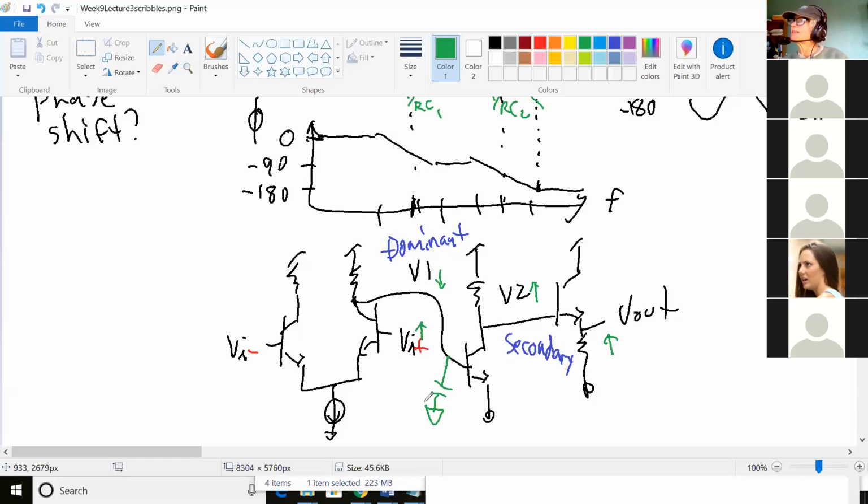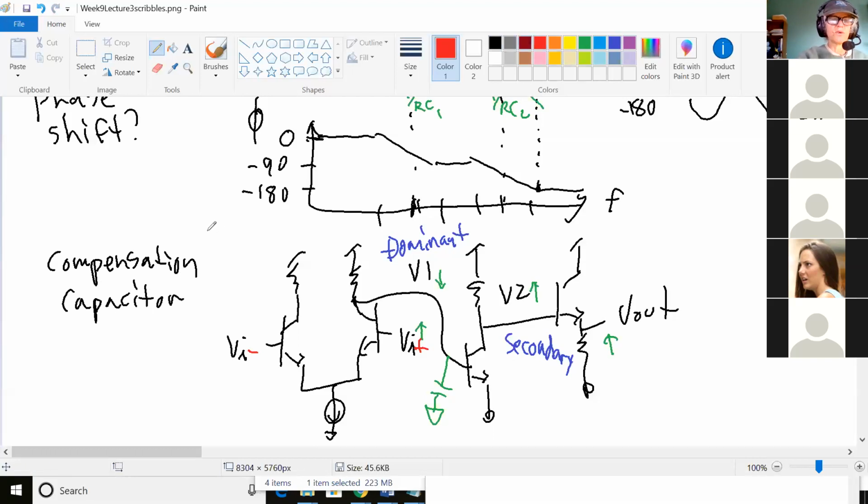And when I've added a capacitor, one more term for you. When you add a capacitor to move the dominant pole left, that capacitor is called a compensation capacitor. And we saw it in some of the professionally designed op amps.